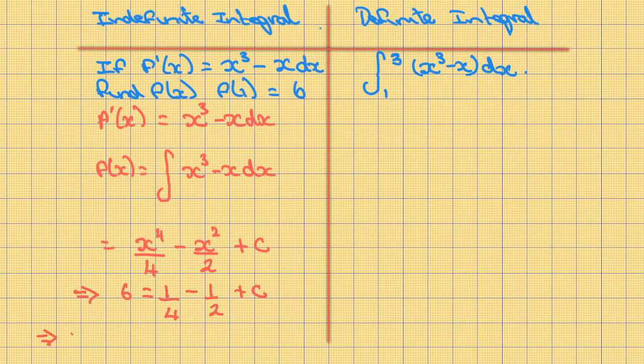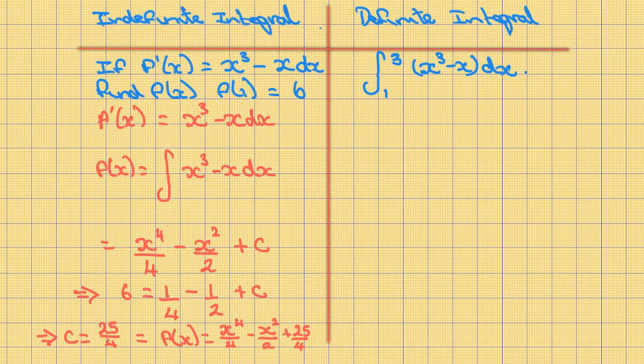Therefore, c is equal to 25 over 4. Therefore, f of x is equal to x to the power of 4 over 4 minus x to the power of 2 over 2 plus 25 over 4.